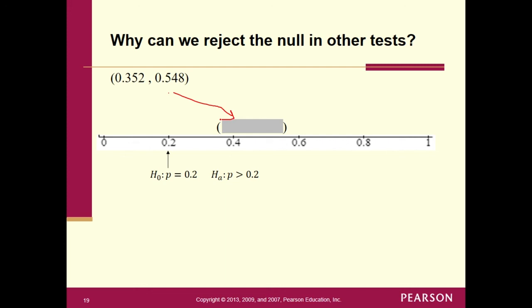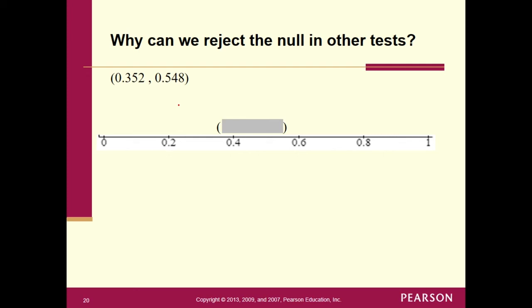So is P being equal to 0.2 a possibility here based upon our confidence interval? The answer is no, it's not possible. Here we are extremely sure that P cannot equal 0.2, and that it is greater than 0.2. It's because it's got to be somewhere, we're pretty sure, between 0.352 and 0.548 based upon our random sample that we conducted.